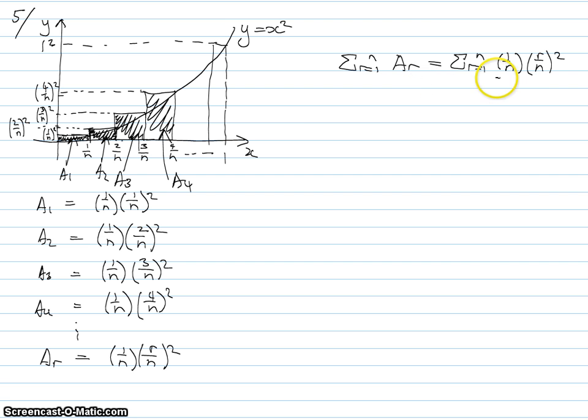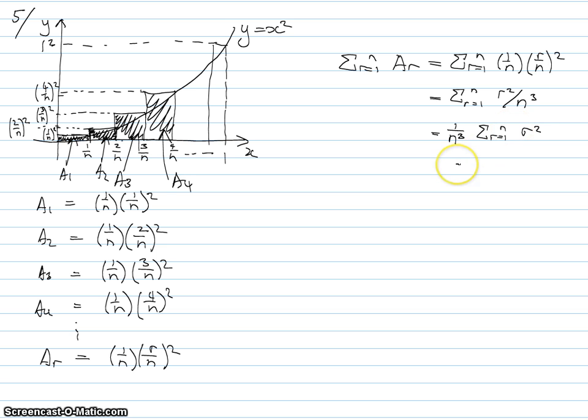So let's simplify it a little bit. This is the summation from r equals 1 to n of r squared over n cubed. Well, n doesn't actually affect this summation at all, so I can pull it out. It's constant, so I can pull it out. So 1 over n cubed times the summation from r equals 1 to n of r squared.